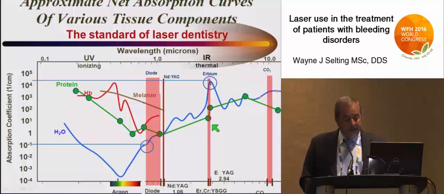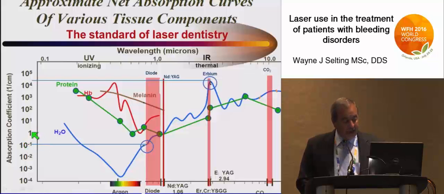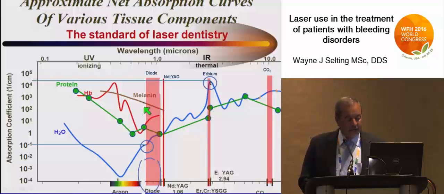You can see by these curves that the interaction with tissue components is highly dependent on the wavelength, and this is a logarithmic scale. So it interacts 10 times, 100, 1,000, 10,000, 100,000. Erbium energy is absorbed in water more than 100,000 times as much as diode laser.